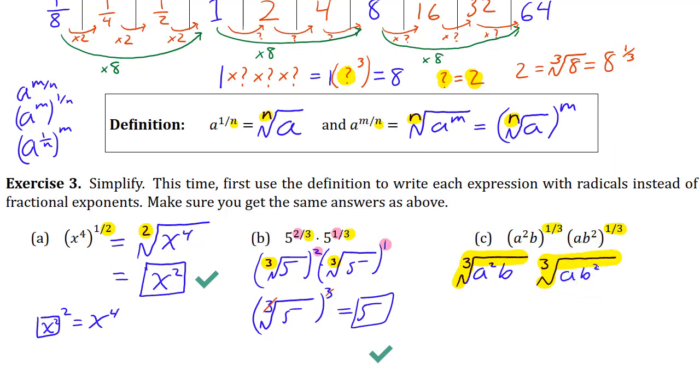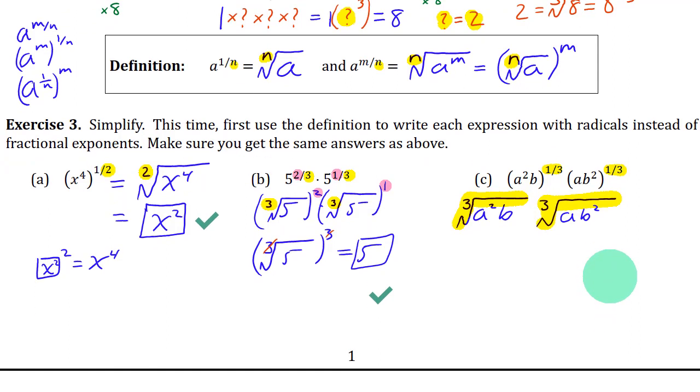All right, now what do we do with this? Well, if these are both cube roots, you can just combine this into one big cube root of a squared b times ab squared.